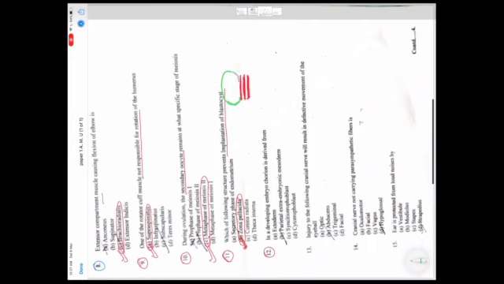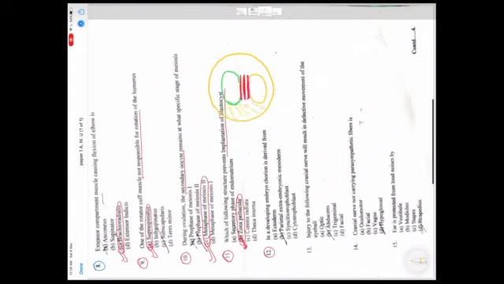This is the developing embryo, and here you have the yolk sac. This is the yolk sac.